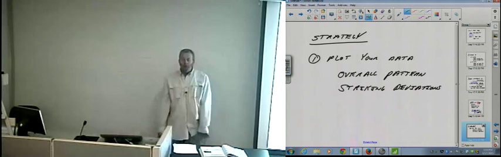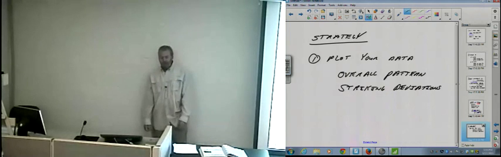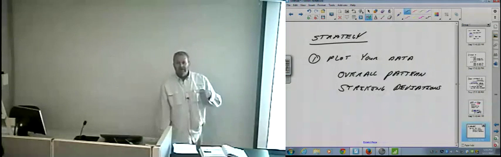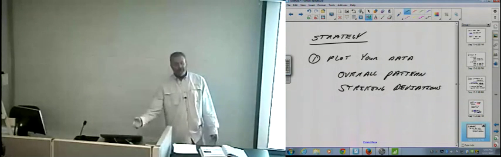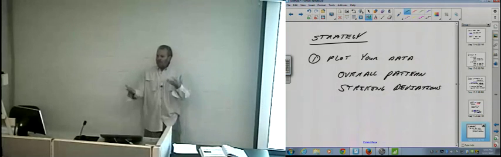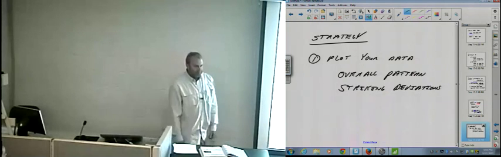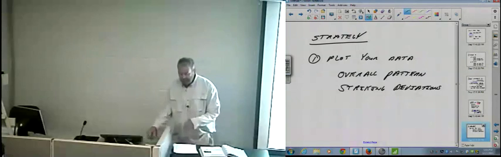When we did this before, we did it with a histogram or a stem plot. And the overall pattern was, you gave me the shape, the center, and the spread, right? And then the striking deviations were your outliers, the ones that didn't fit that overall pattern. We're going to play the same kind of game here.